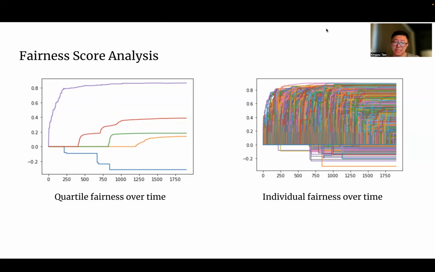The interesting thing is, if you look at the individual fairness over time, those who are negative tend to dip and then stop moving, which means that other people stop transacting with them. Whereas the average users who have a positive fairness score tend to become more and more fair over time as they deal with other people and give more ratings to other users.